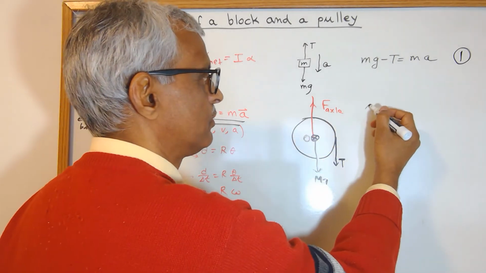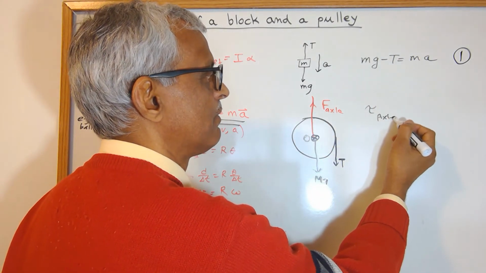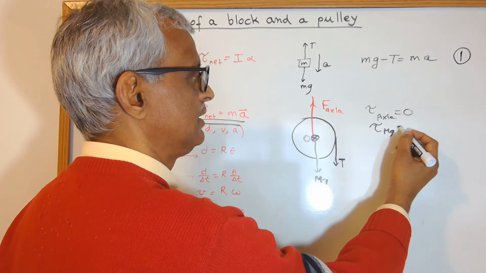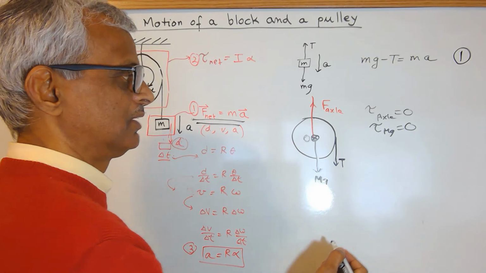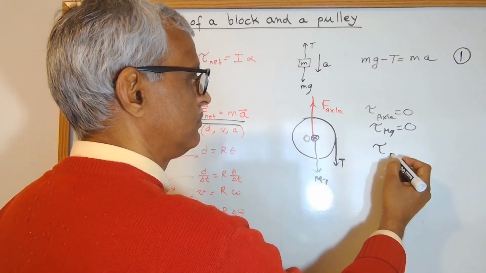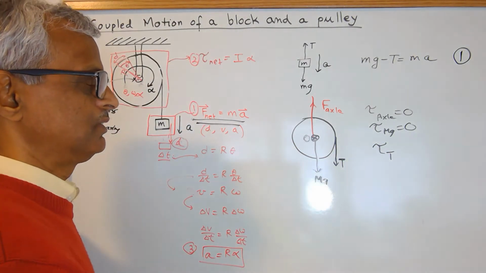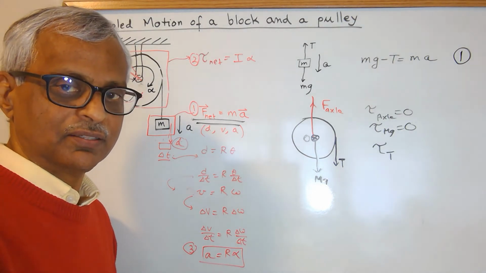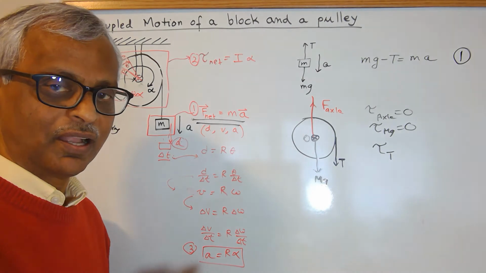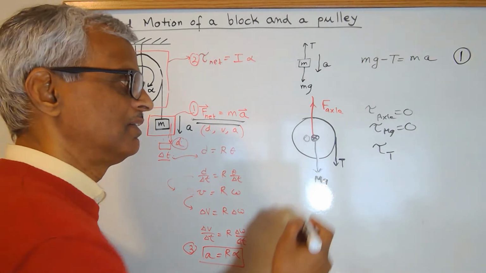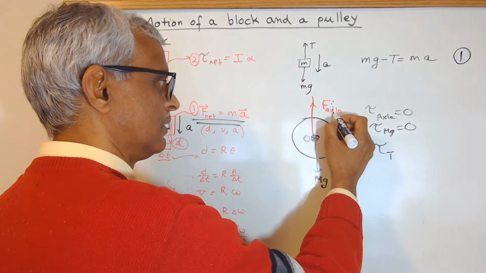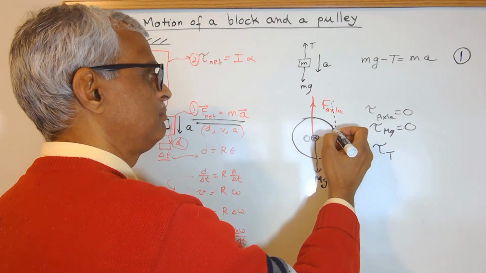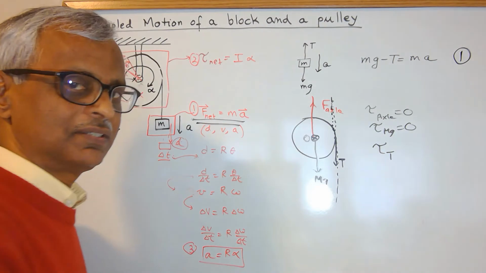So the tau of the axle is 0, the tau of mg is equal to 0. And the tau of tension, well, I need to figure this one out. A good method is to figure out the lever arm and then multiply by the lever arm, right? So the lever arm has this process. Even in a simple case, I don't think you should skip this step.